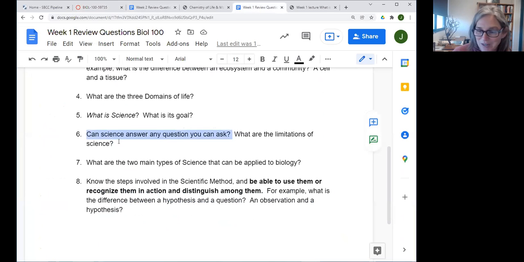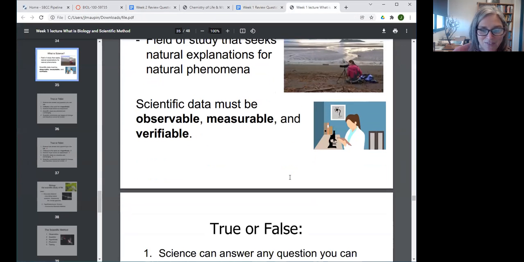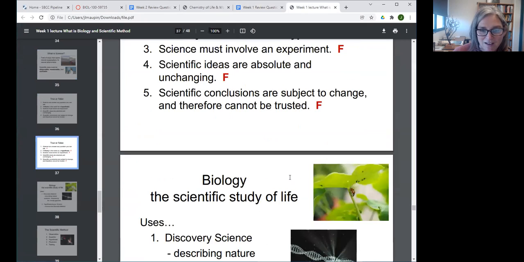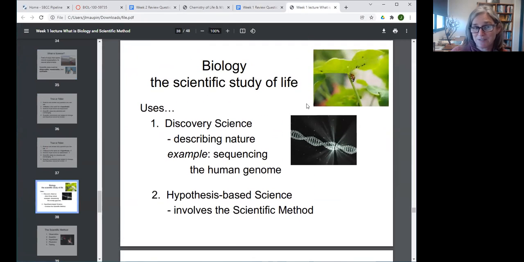Going back to this week 1 review question, and the scientific method here, be able to use the steps in the scientific method, use them in action, recognize them in action, distinguish among them. So let's spend a little bit of time talking about that, because we talked about the different types of science, right?